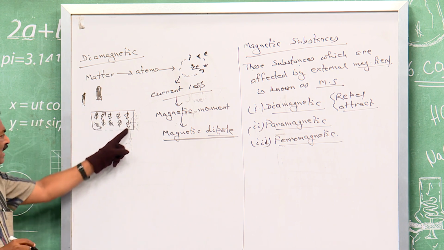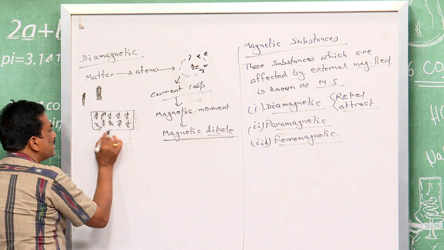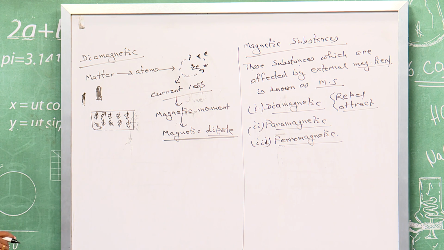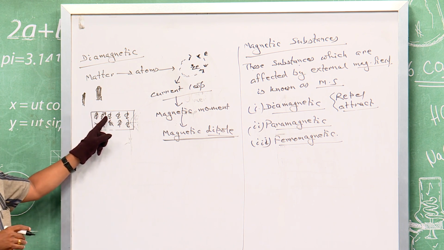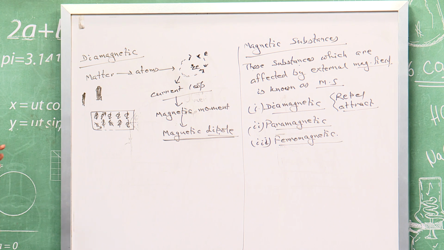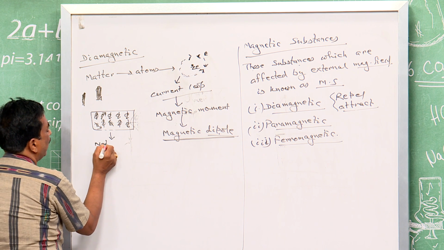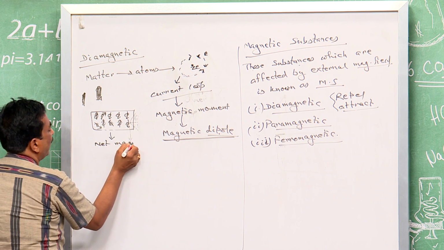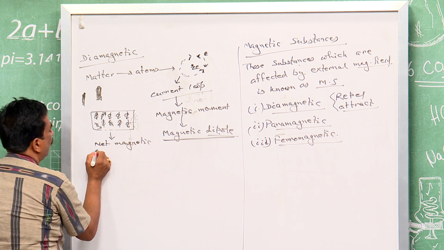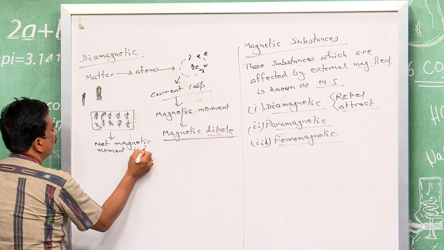Though it has a number of dipoles, they are in different directions. So the magnetic moment of one dipole is cancelled by another one. Therefore, here the net magnetic moment is 0.